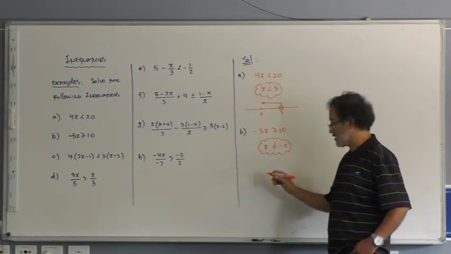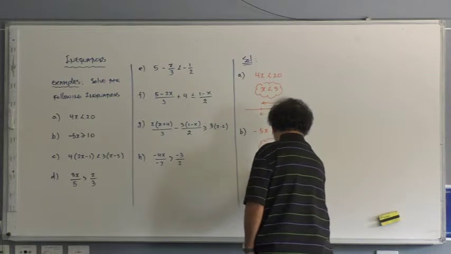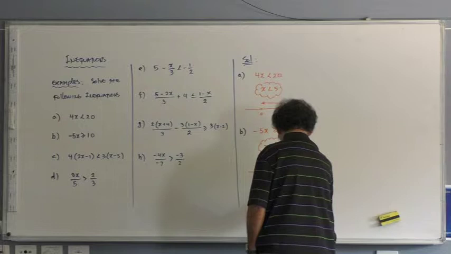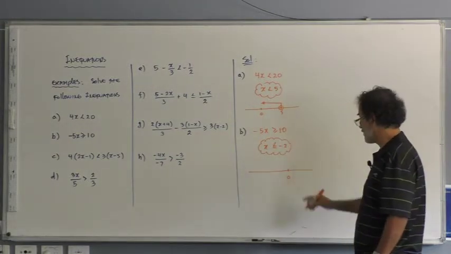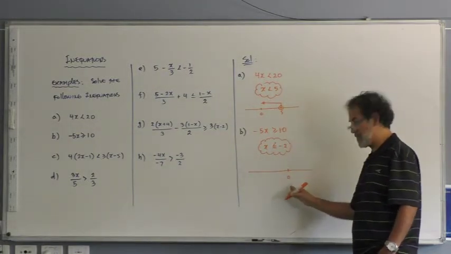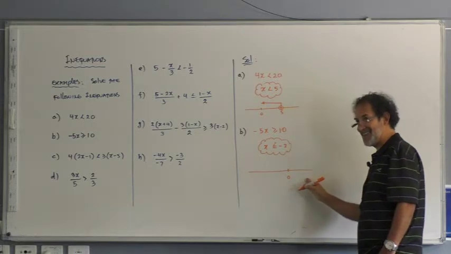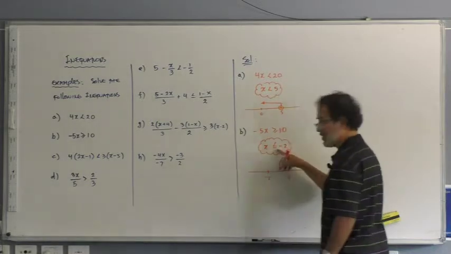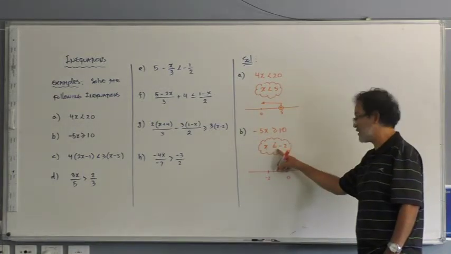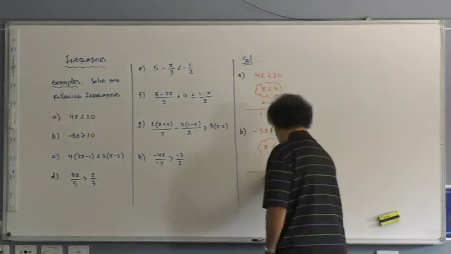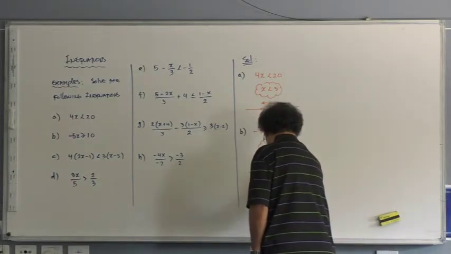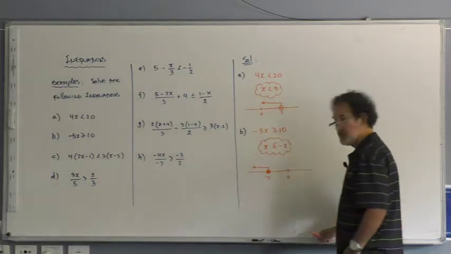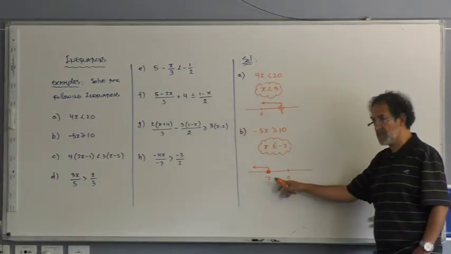Same thing, Sarah. You're going to draw your number line. Make sure that you put the -2 on the right side, not on this side. This time we are including x equal to -2, so we're going to do a full circle.